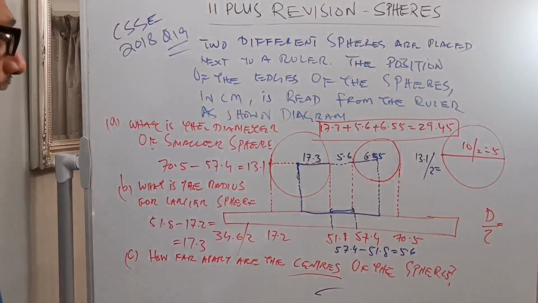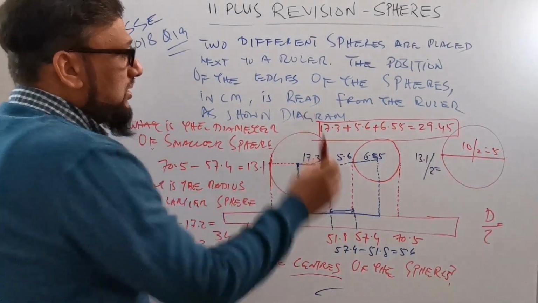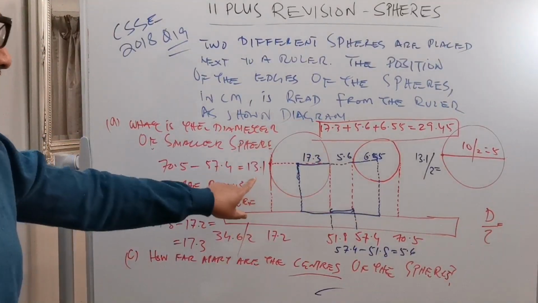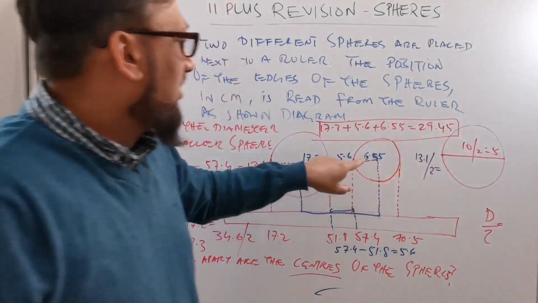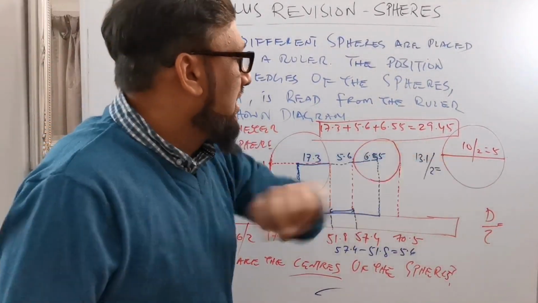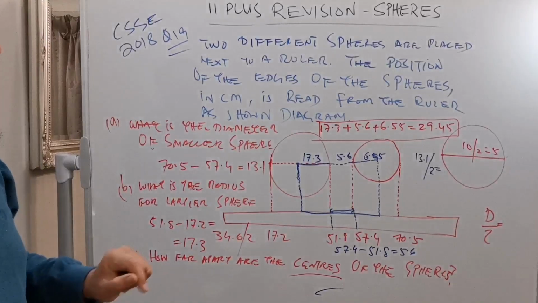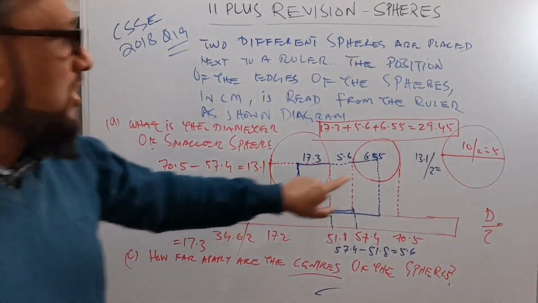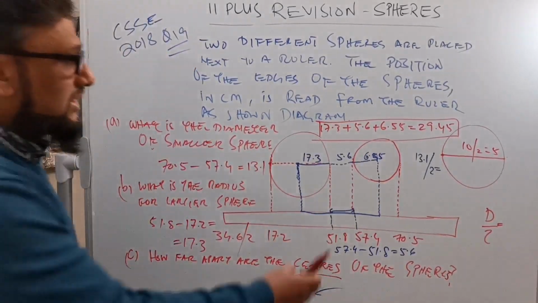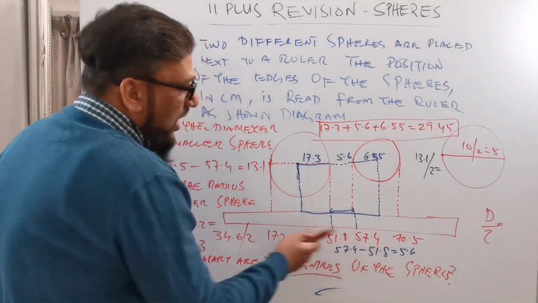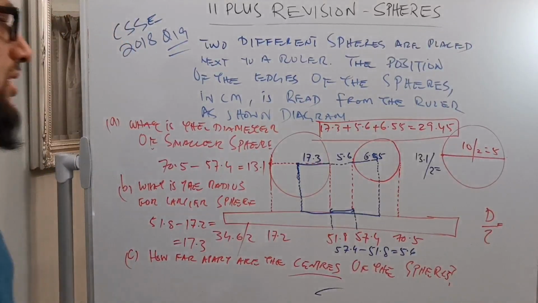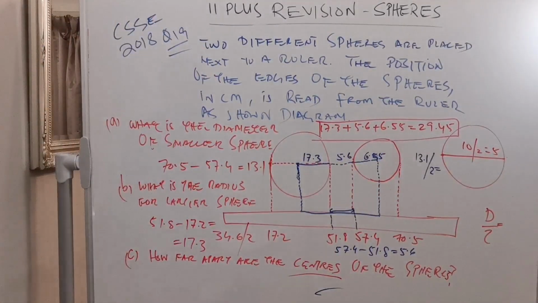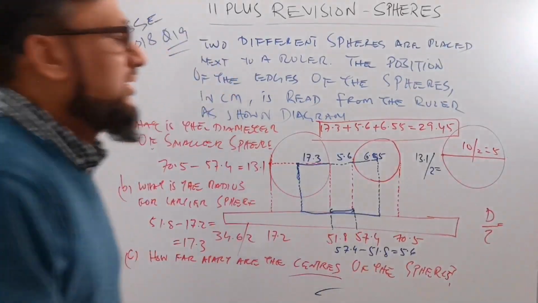The radius of the larger is 17.3, the radius of the smaller is 13.1 divided by 2, which is 6.55, and the gap is 57.4 minus 51.8, which is 5.6. Adding all three values gives 29.45.